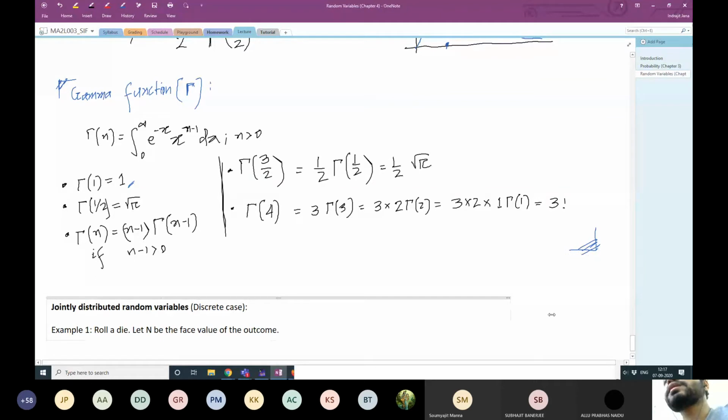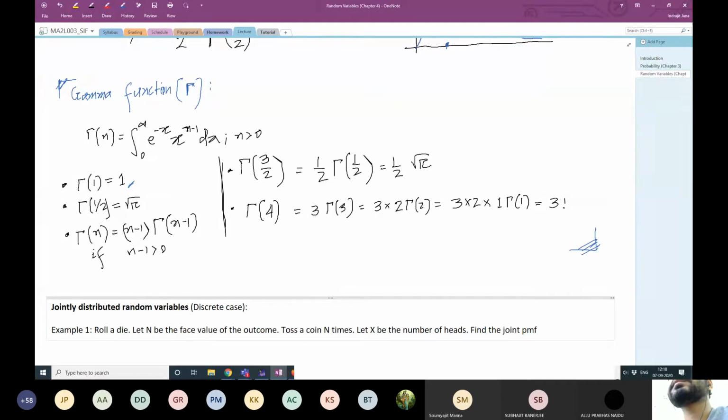So then what you do, toss a coin n times. Let x be the number of heads. And you want to find the joint probability mass function, PMF, of this (n, x).